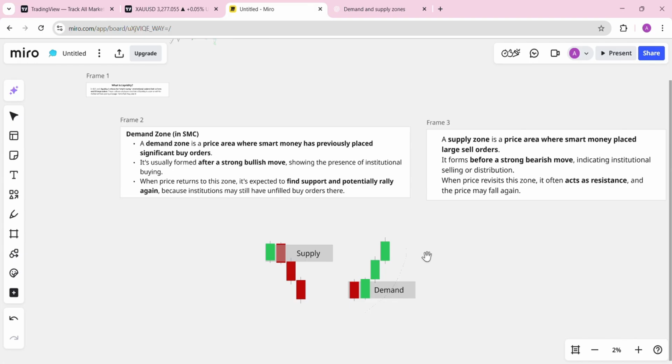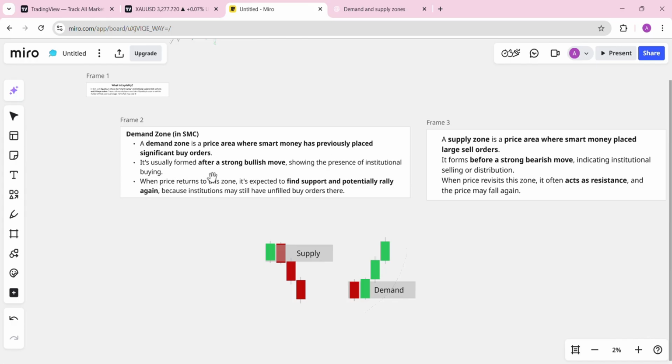Today I want to explain to you and equally show you how to mark this demand and supply on your chart. So what is demand in smart money concept? Let us see the definition here. Demand zone is a price area where smart money has previously placed significant buy orders.